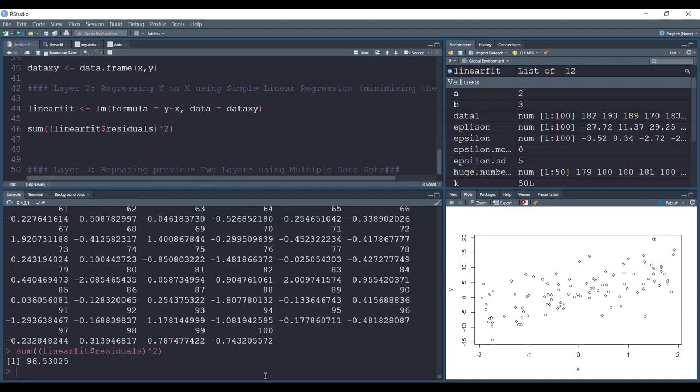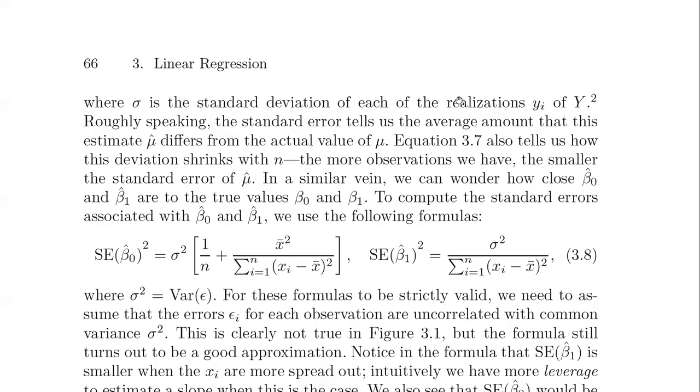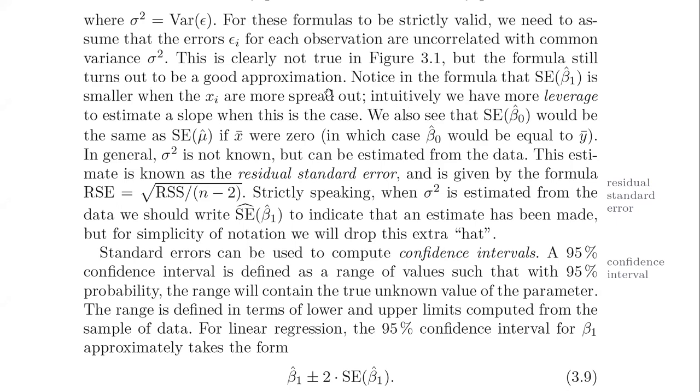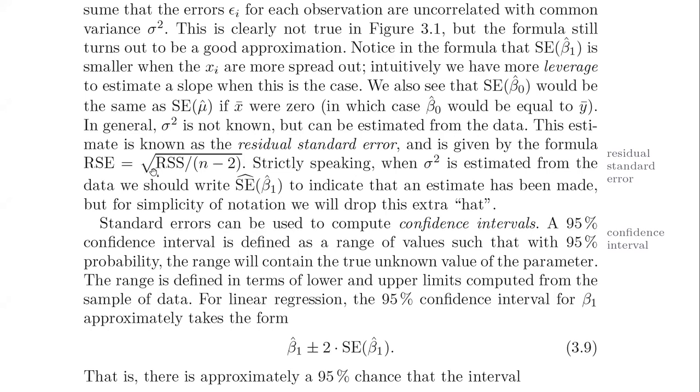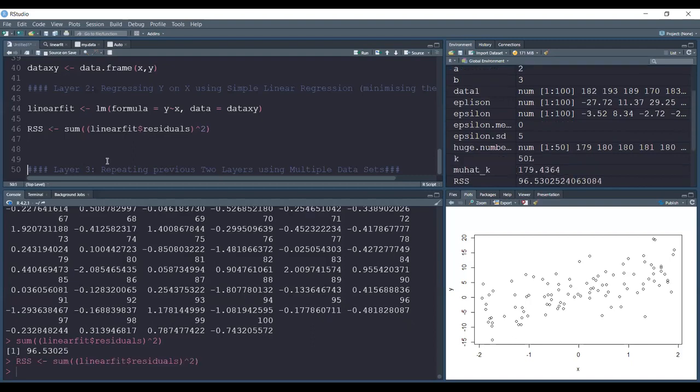To approximate the sigma squared, we calculate the square root of RSS divided by n minus 2. So there's RSS. Remember, it's what the linear fit is trying to minimize.